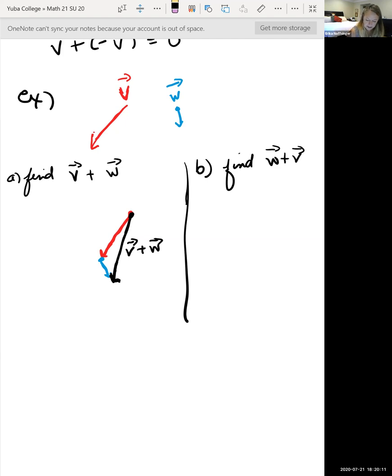So if we first take w, draw it, now we take v and we put the initial point at the terminal point of w, and then we draw it.